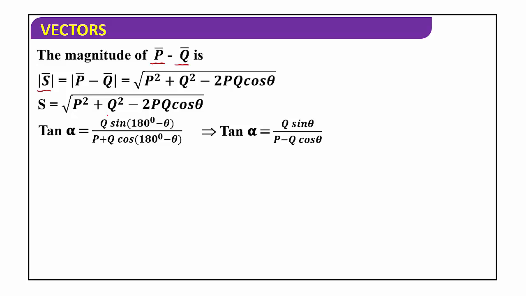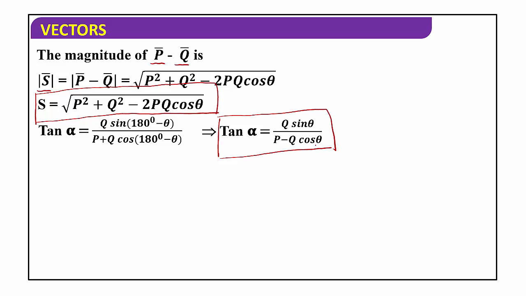So this is all about subtraction of vectors. We got magnitude as well as direction. What is the magnitude here? S equal to square root of P square plus Q square minus 2PQ cos theta, and its direction is given by tan alpha equal to Q sin theta divided by P minus Q cos theta. Is it clear?